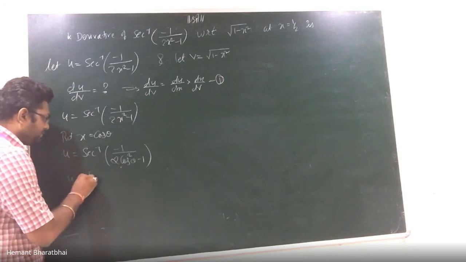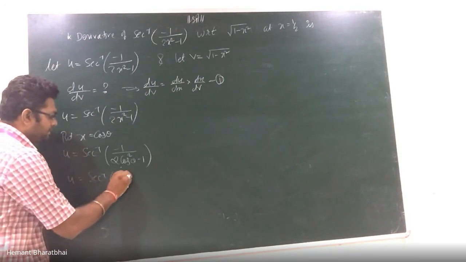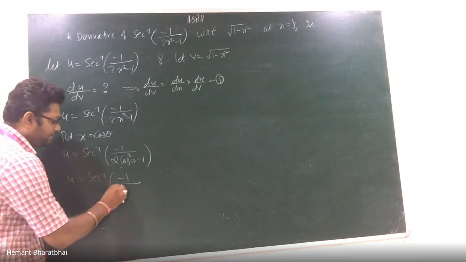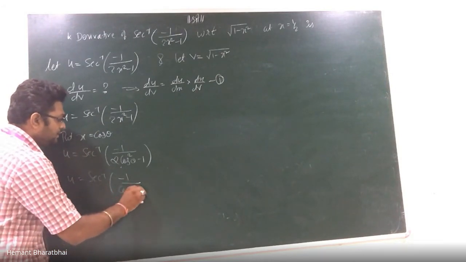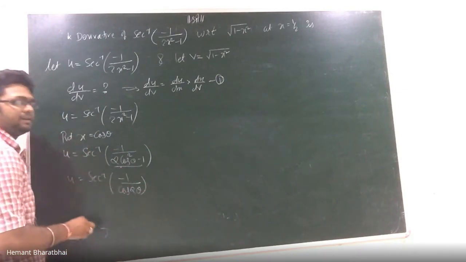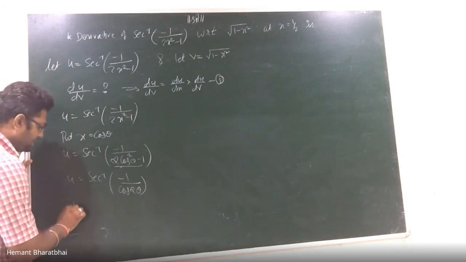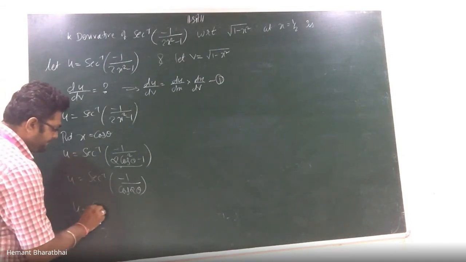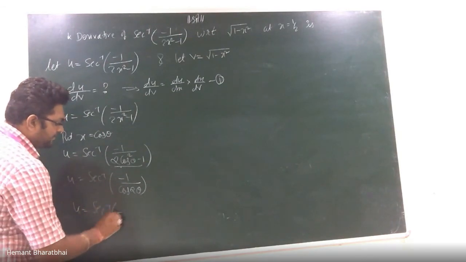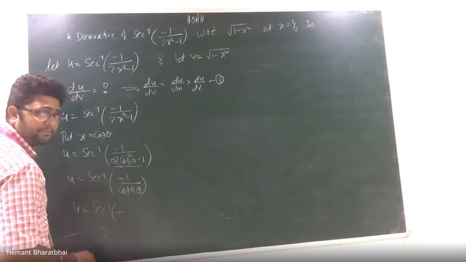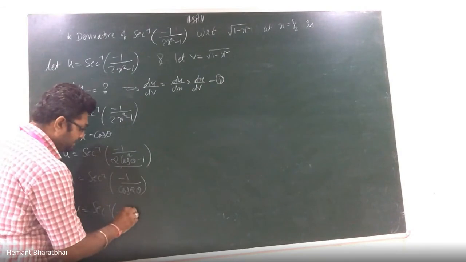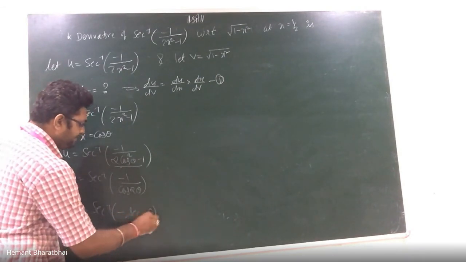Therefore, I'll get u is equals to sec inverse of minus 1 upon cos 2 theta. We have this expansion. So I'll get u is equals to sec inverse of minus, 1 upon cos is sec, so minus sec of 2 theta.